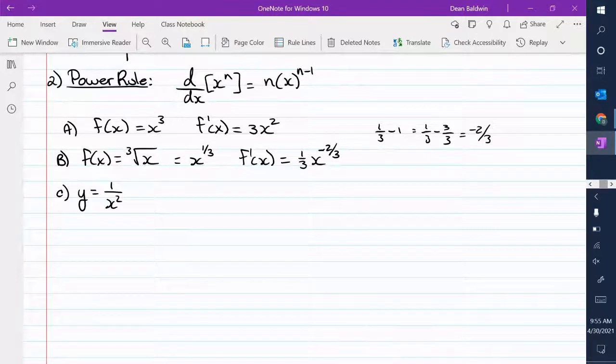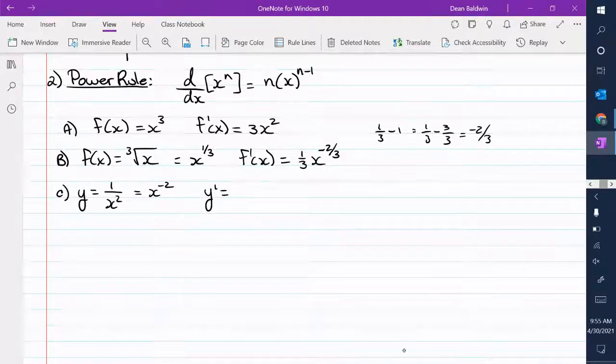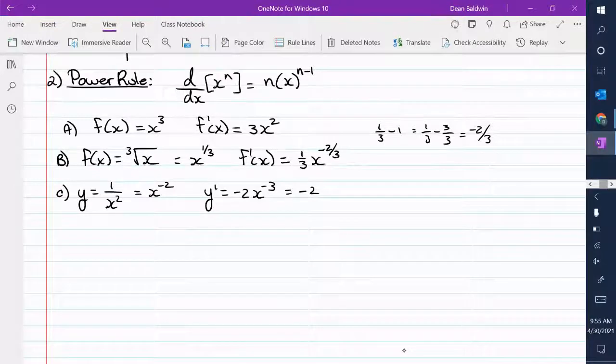So it becomes x to the negative 2. Now we can use the power rule. So y prime, drop the -2 down, take away 1, so you get x to the -3. You could leave it like that, or you could write it like this. Doesn't matter. It's all the same thing.